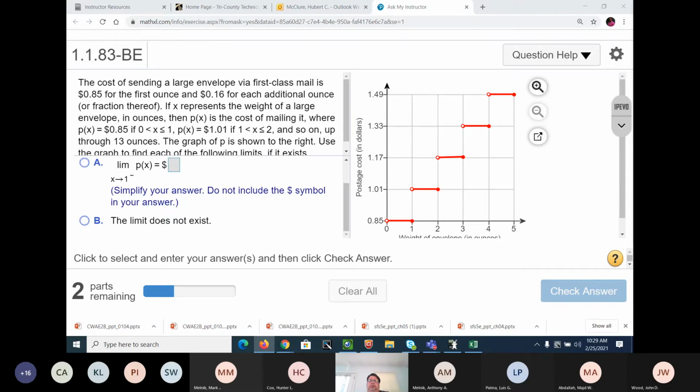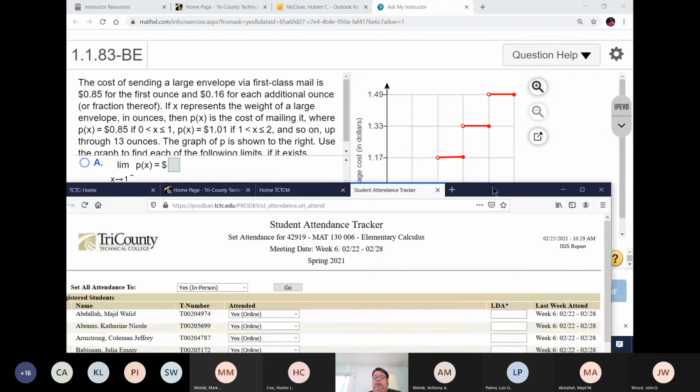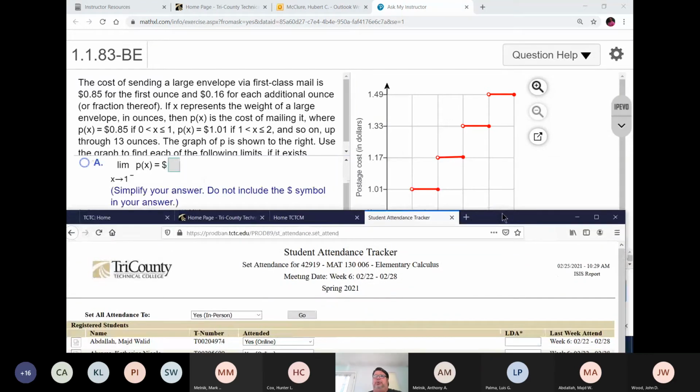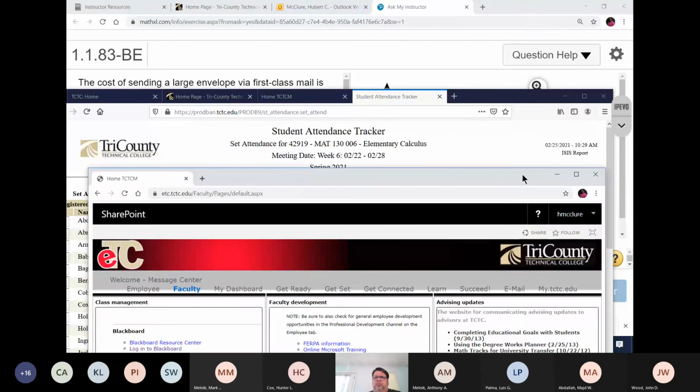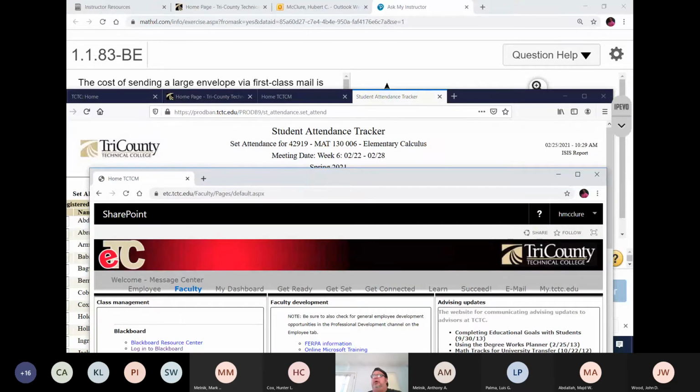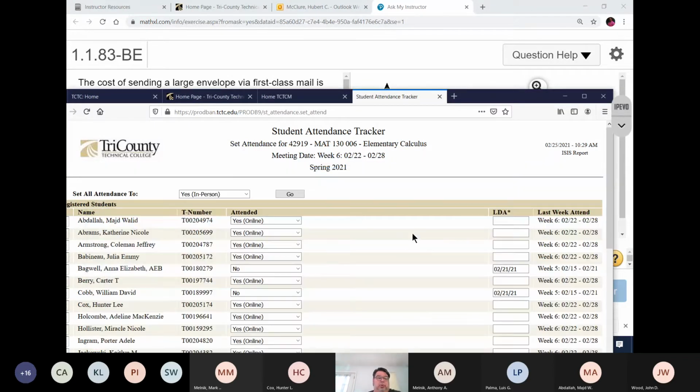Faculty attendance tracker. Math 130 attendance. Okay, I can't see the enrollment. Hold on just a second. I'm gonna have to move this over and put this back. Okay, Bagwell, I don't see Bagwell. Cobb is here. Was that you, Mr. Cobb, that said something?